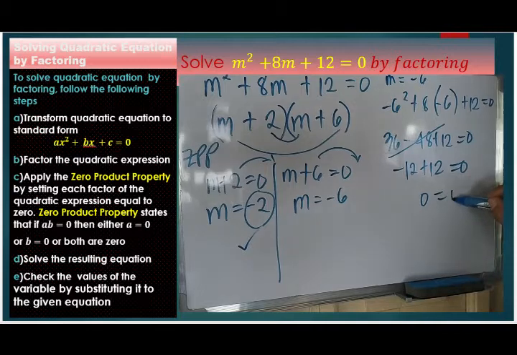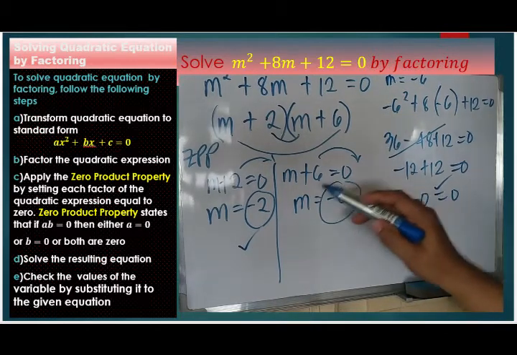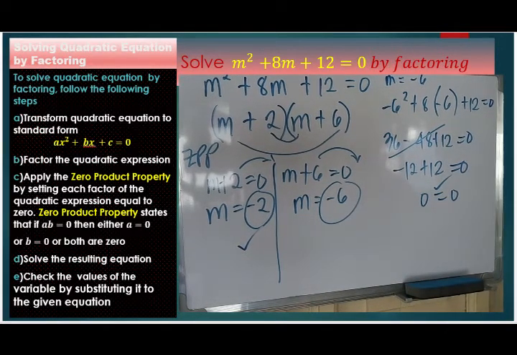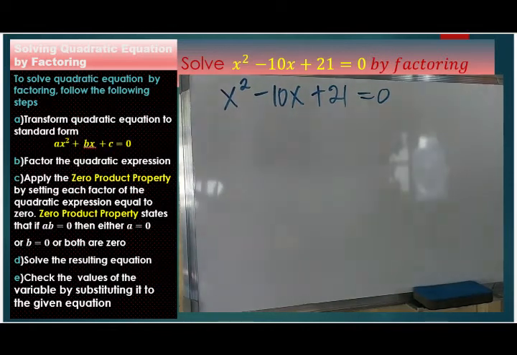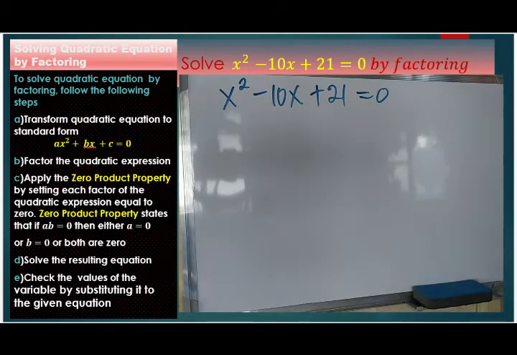So 0 is equal to 0, meaning negative 6 and negative 2 are the solutions to the quadratic equation m squared plus 8m plus 12 is equal to 0.